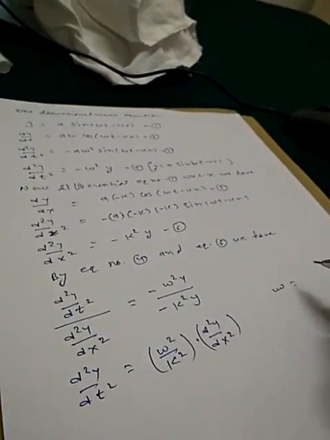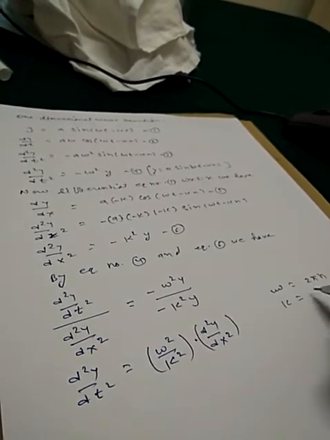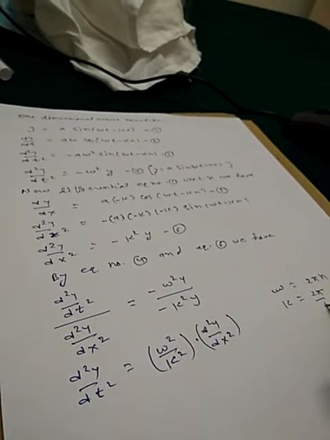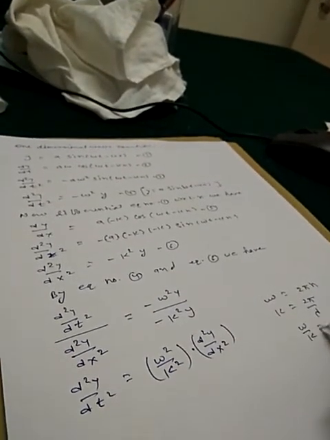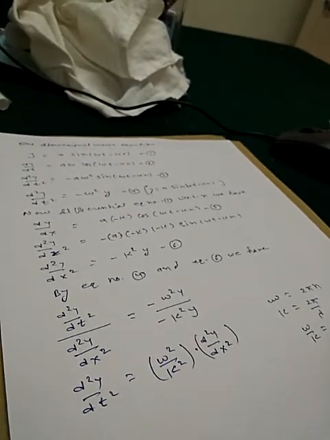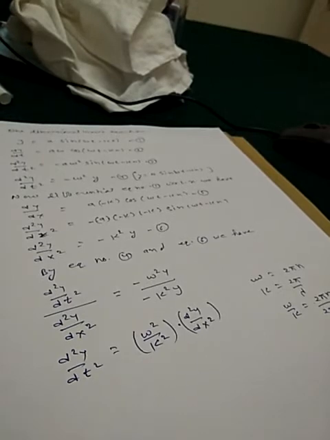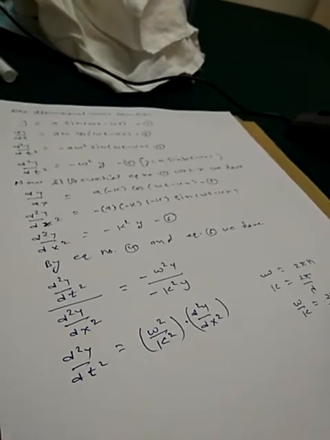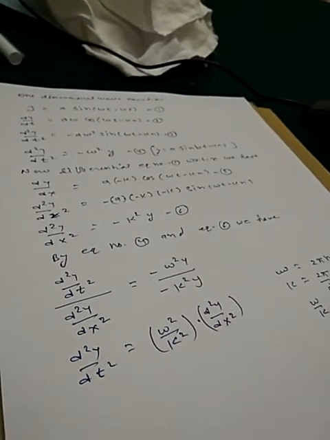Omega equal to 2 pi n, k equal to 2 pi upon lambda. Hence we have omega by k equal to 2 pi n upon 2 pi upon lambda. Here 2 pi will cancel out and lambda will come on the upper side, and n lambda equal to velocity.